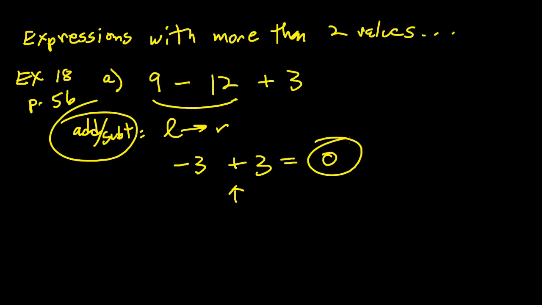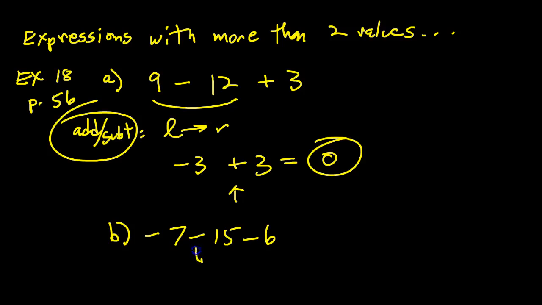That's part A of example 18. Let's look at part B. Minus 7, minus 15, minus 6. Well, let's see. Again, it's all addition and subtraction here.